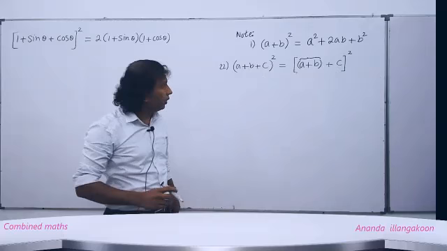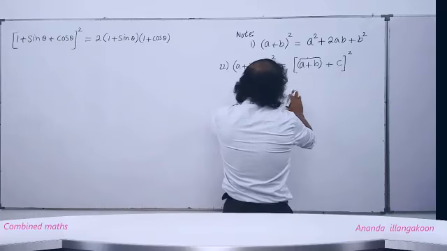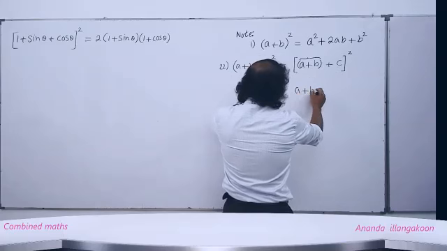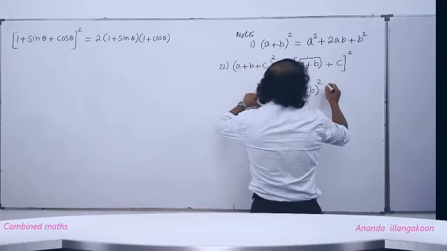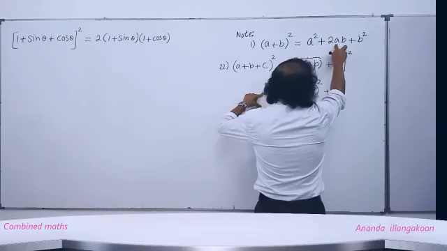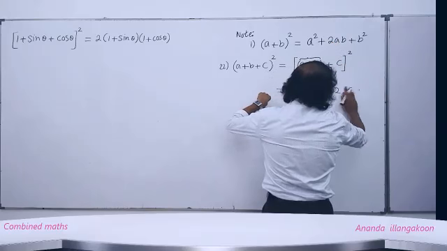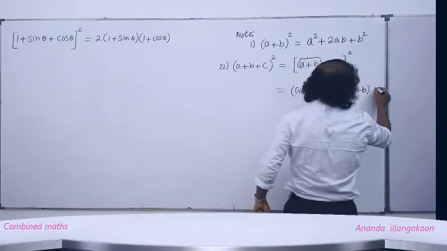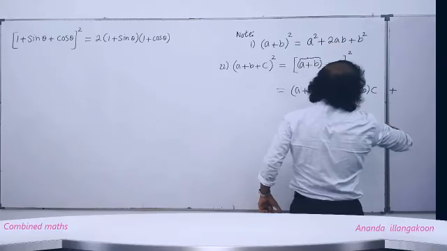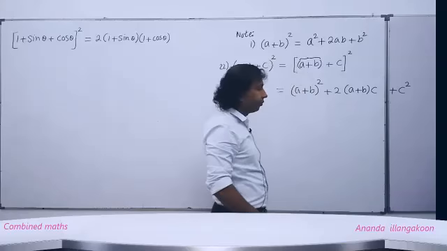Understood? Right. So if I do the simplification, this is now (a plus b) to the power 2, plus 2 times this multiplied by this, (a plus b), and next one c squared.